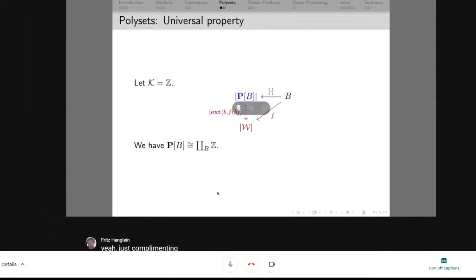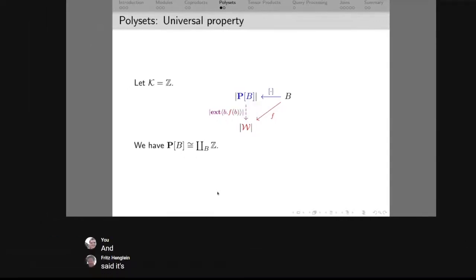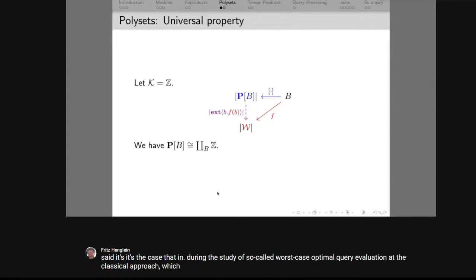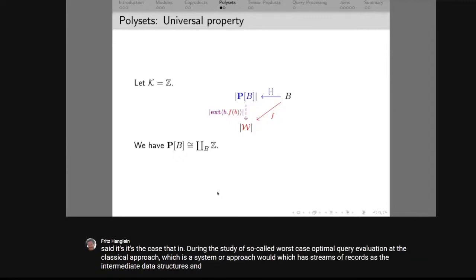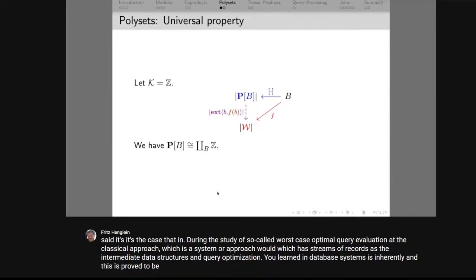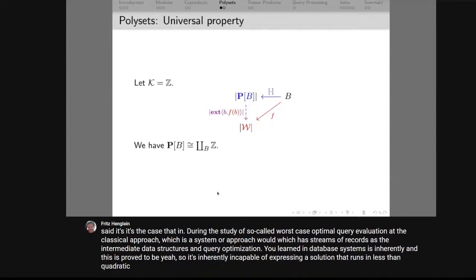complementing what Mikkel said, during the study of so-called worst-case optimal query evaluation, it's been proved that the classical approach, the System R approach, which has streams of records as the intermediate data structures and the query optimization you learn in database systems, is inherently incapable of expressing a solution that runs in less than quadratic time for triangle queries.